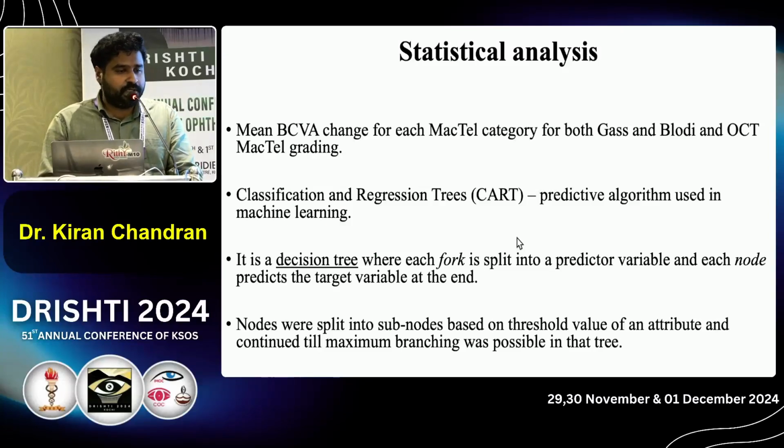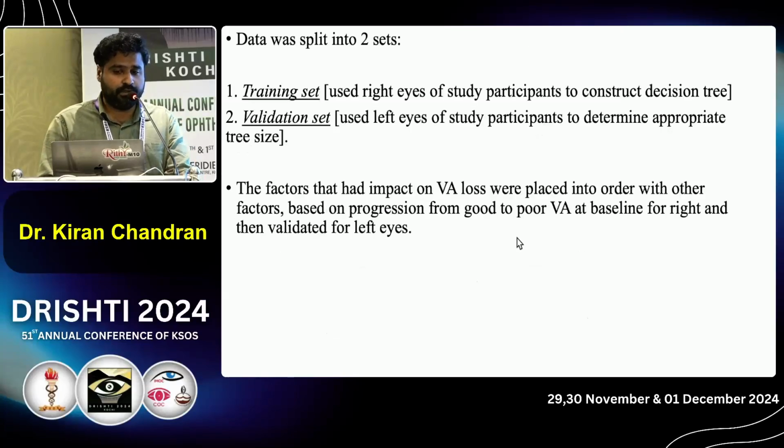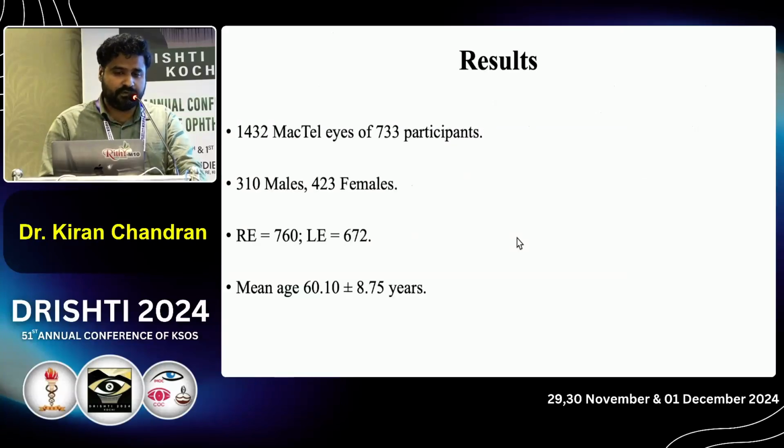So nodes are split into further subnodes until a terminal node, that is maximum branching, was possible in that particular tree. The data was split into 2 sets, that is a training set where right eyes were used to construct a decision tree, and a validation set where the left eyes were used to determine appropriate tree size. The factors that impacted visual acuity were placed into order with other factors based on progression from good to poor visual acuity at baseline for both the right and left eyes.